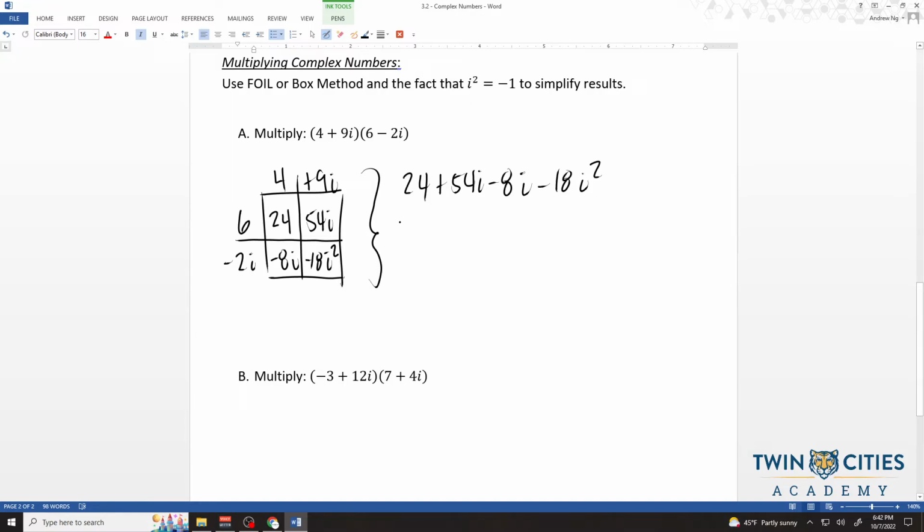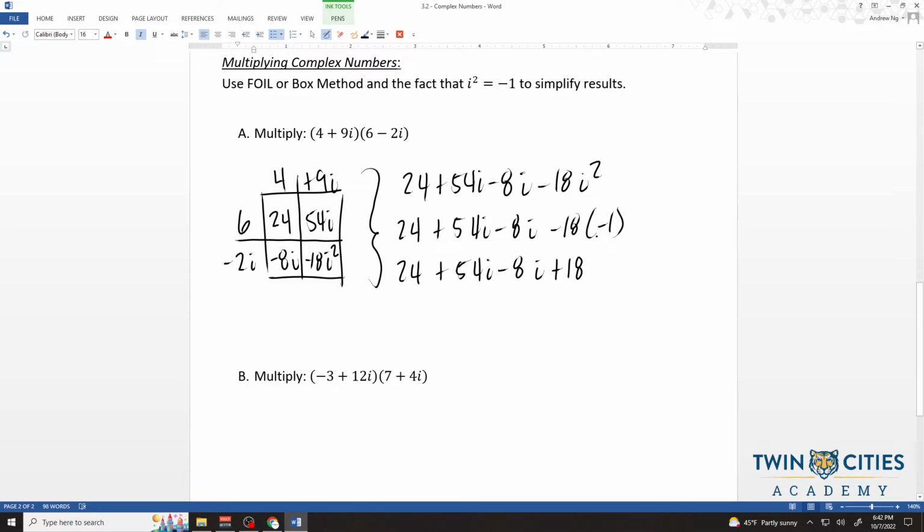So this is really saying 24 plus 54i minus 8i minus 18 times negative 1. Which then is saying 24 plus 54i minus 8i. Negative 18 times negative 1 is going to be positive 18, so I can just change this to plus 18.